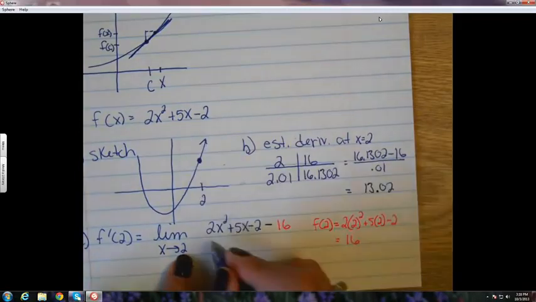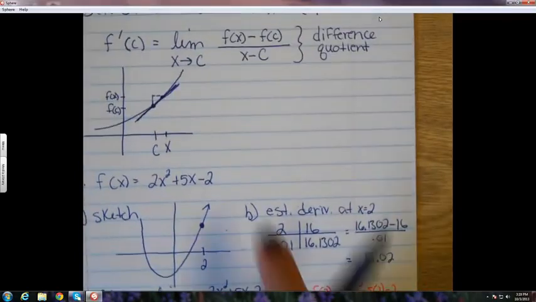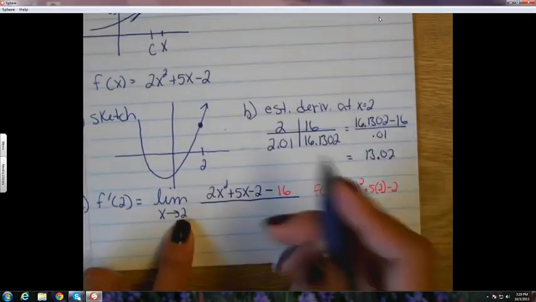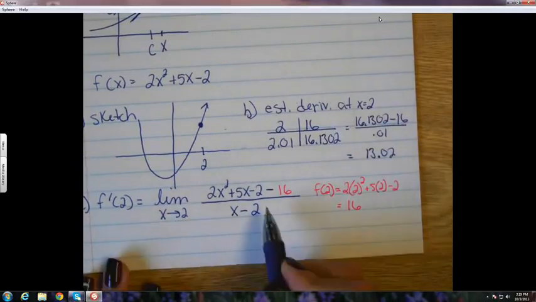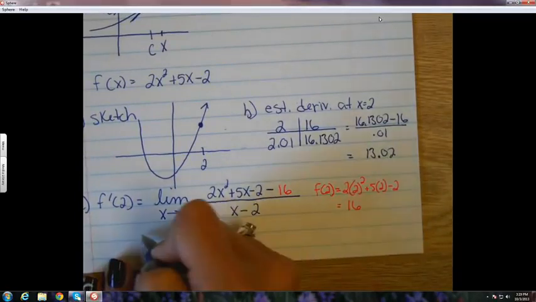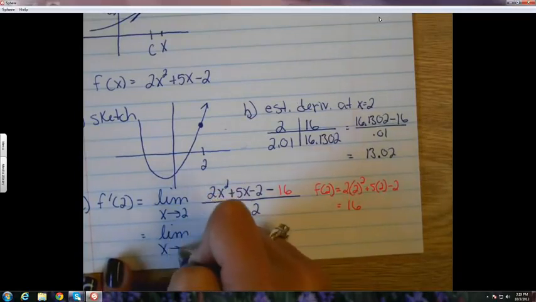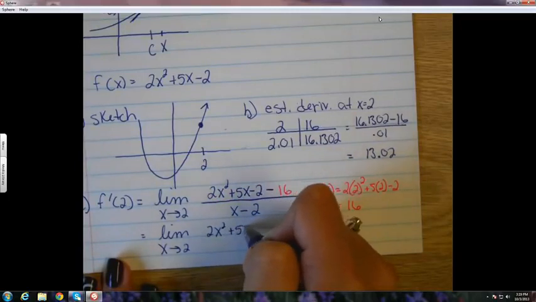And then we divide by, and on the bottom, it's just x minus your c value. So it's x minus 2. Now I can do a little simplifying here. So it's the limit as x approaches 2 of 2x squared plus 5x, and I'll have a minus 18.